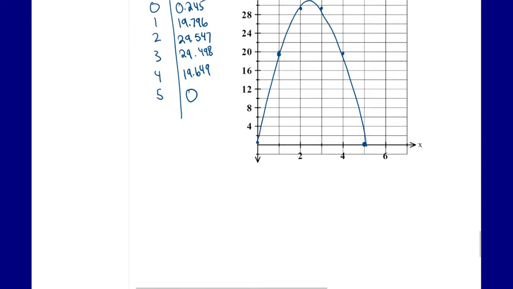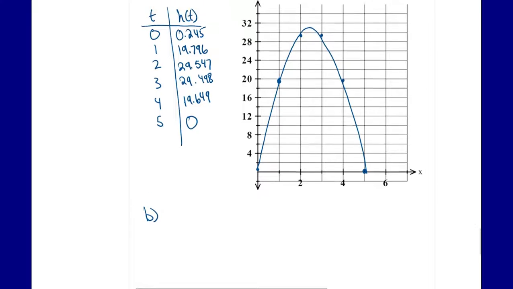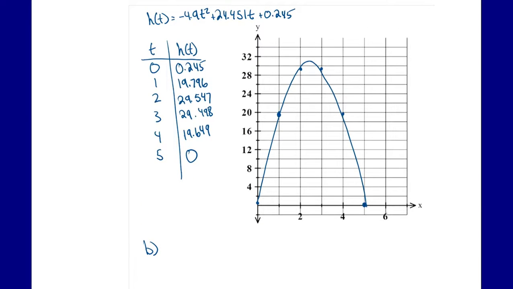So now we have to figure out, so we did A, we graphed it. B, what is the maximum height of our rocket? And I can look at my table of values and see, okay, I have 2, which is 29.547. I have 3, which is 29.498, right?